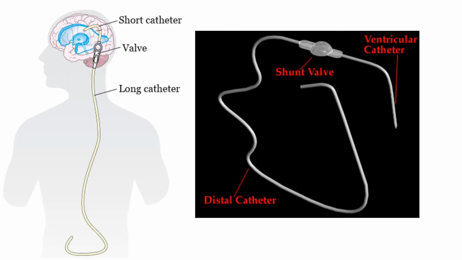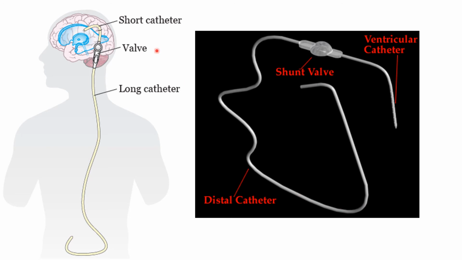Okay, so here is an example of a VP shunt, the most commonly used ventriculoperitoneal shunt. So three parts. This is what we call a ventricular catheter. This is the valve, and this is the distal catheter, either inside the peritoneum most commonly, or the heart or the lung.